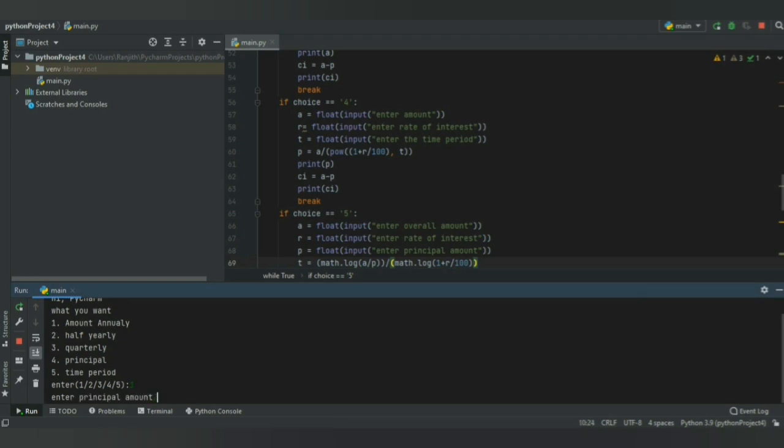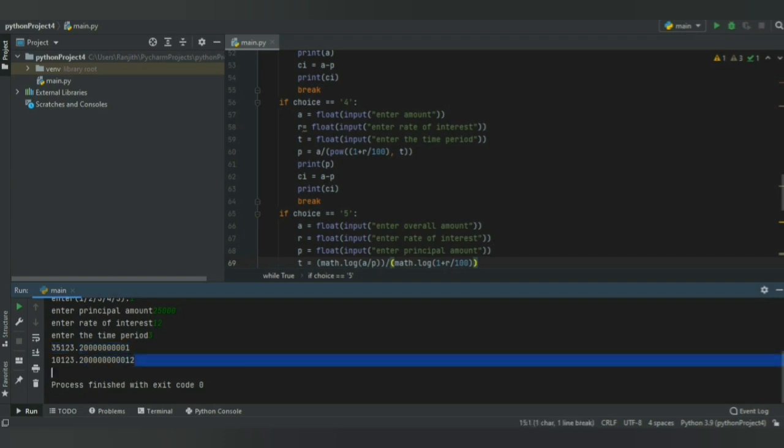Principal amount is 25,000, rate of interest is 12, time period is 3 years. Then print. Our first answer is the overall amount, 35,123. Compound interest is 10,123. Okay, this is the difference.